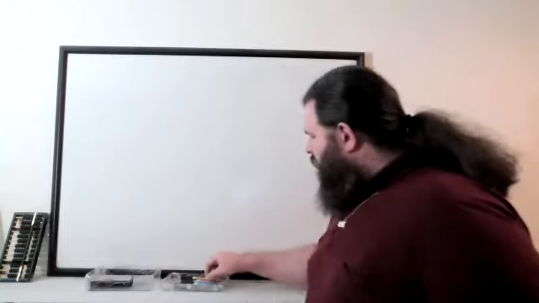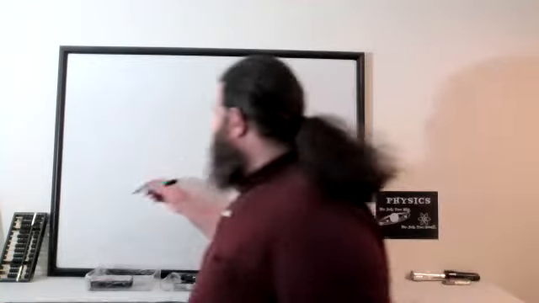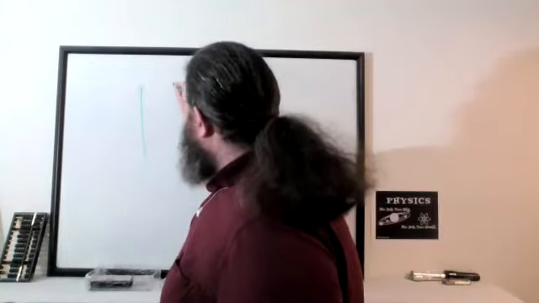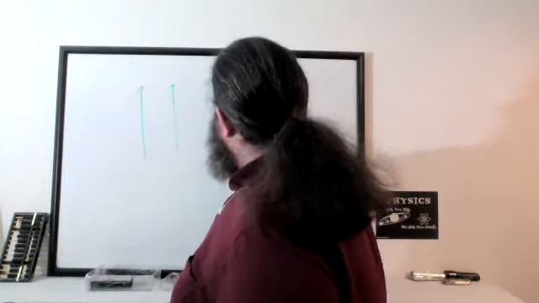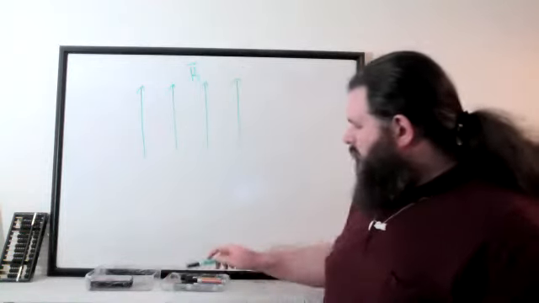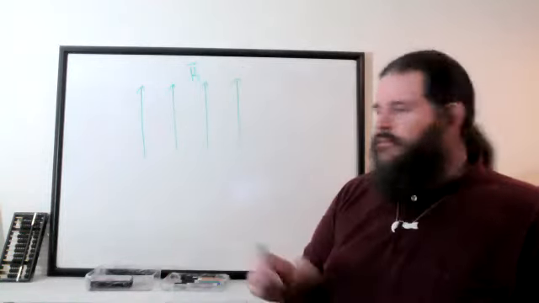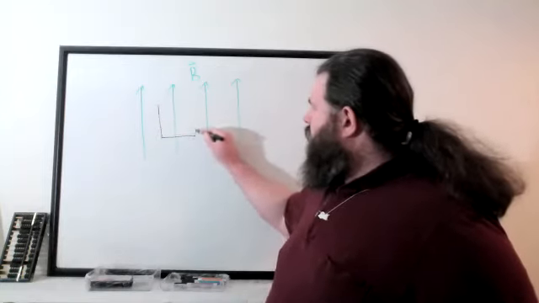The idea is if you've got a loop of wire and you've got a magnetic field, like let's say the magnetic field is just pointing straight up everywhere. If you have some loop of wire, like let's say we just draw out this loop.